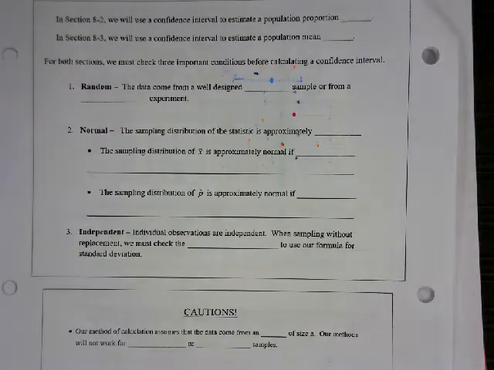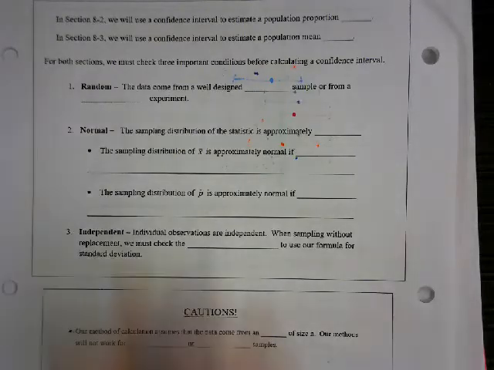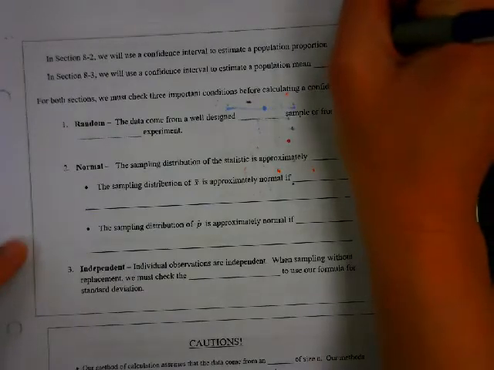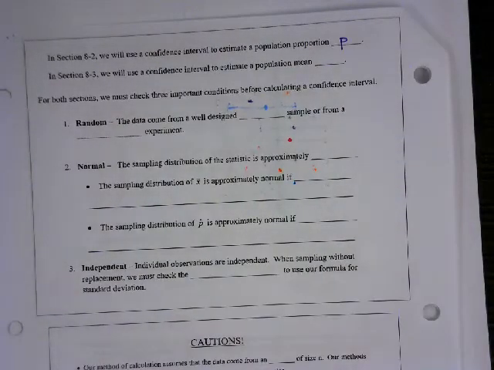We'll start section 8.2 on Thursday. We'll spend a couple days looking at proportions and how to do confidence intervals for proportions. Then we'll switch to the next section and we'll work with the population mean mu, and I'll teach you how to find confidence intervals for means.